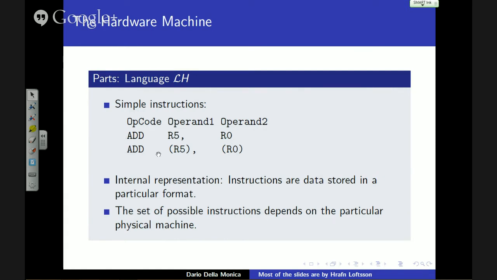Or there are instructions like this one, where the parenthesis means reference. So add the content of the register addressed by R5 to the content of the register R0. Anyway, these are details. The thing here is that the language gives you the constructs, and the language of the hardware machine is a very simple language, the assembly language. And of course, the set of possible instructions depends on the physical machine that you are trying to build.